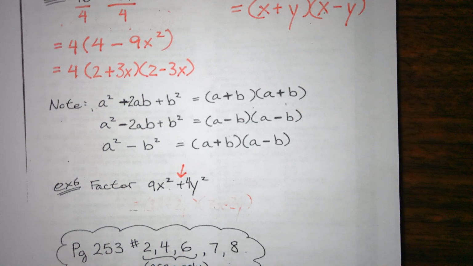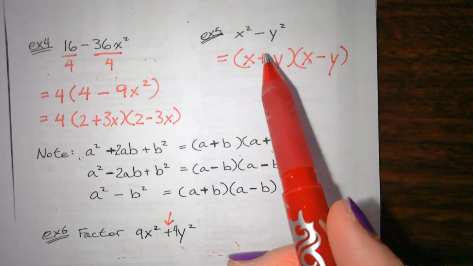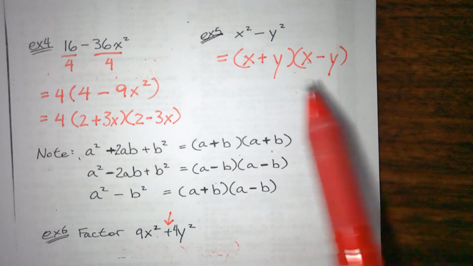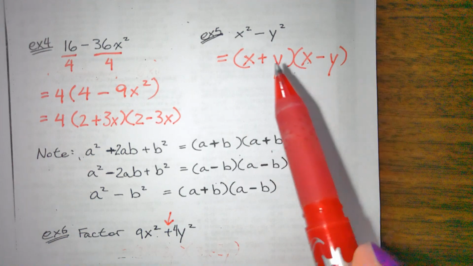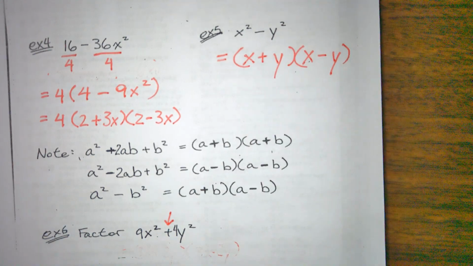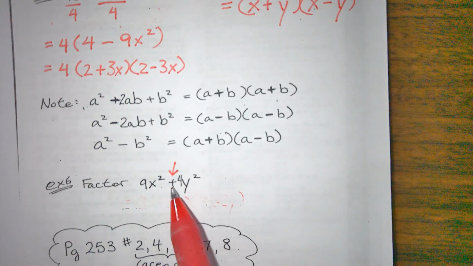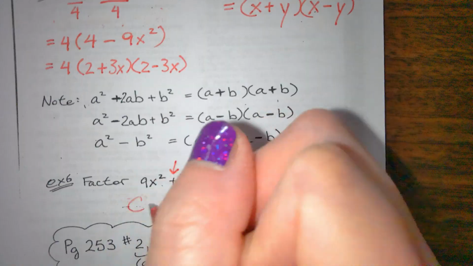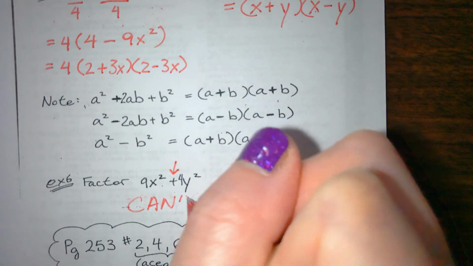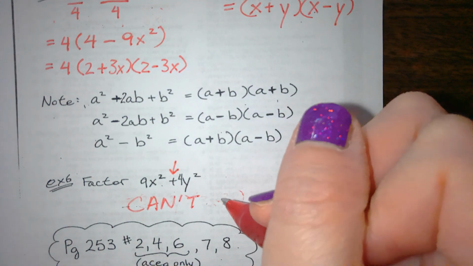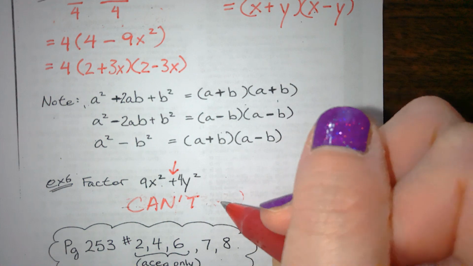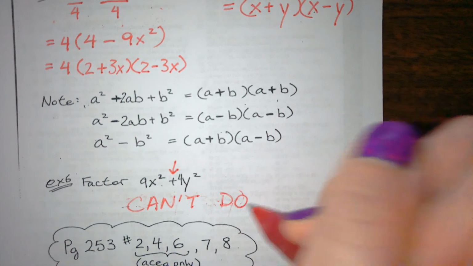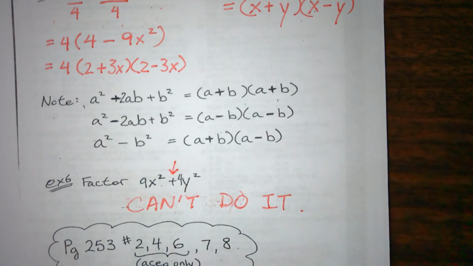You can't do it, right? What was the name for this? A difference of square. Difference means subtraction. This is not a difference of square. So can't do it. See, Gavin, you've been with me for math for 2 years, so now you know, can't do it. When I ask it like that, you know.